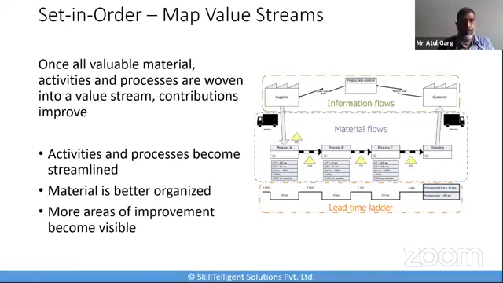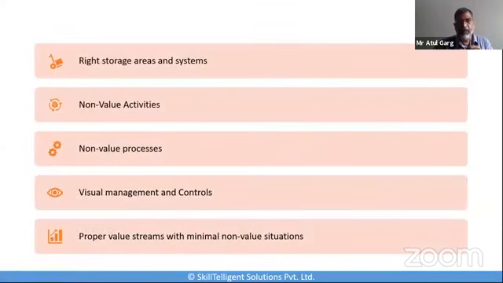Once you streamline all the activities, processes and material, things become better organized, and even the areas of improvement become highly visible to you. So as a next step, we mapped all the materials, methods, and machines into value stream maps. There were multiple maps which we created. We identified how to store and manage material and machines, what methods and activities to improve upon, how to better deploy manpower, and we also identified the training needs of the workforce.